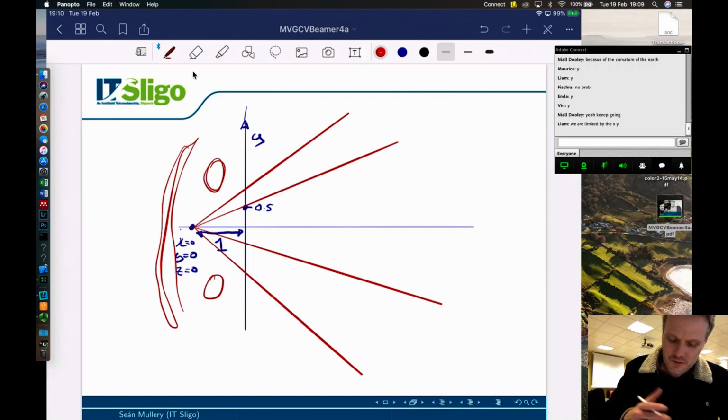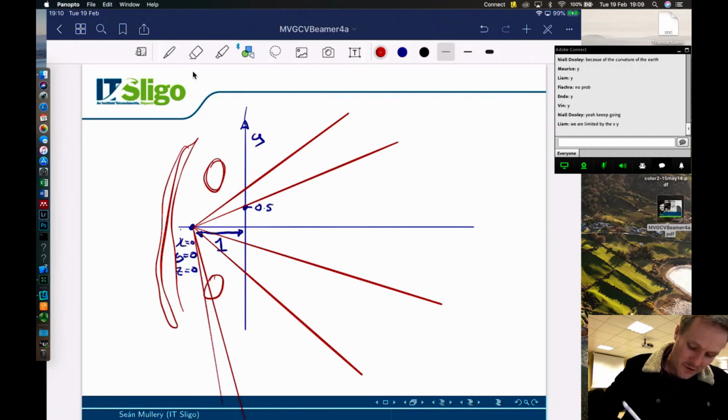Mostly not, but there is a crossover point because, back to Liam's question, I could be just going a long way down here. So there's a point here at which it would actually meet with my axis down here.